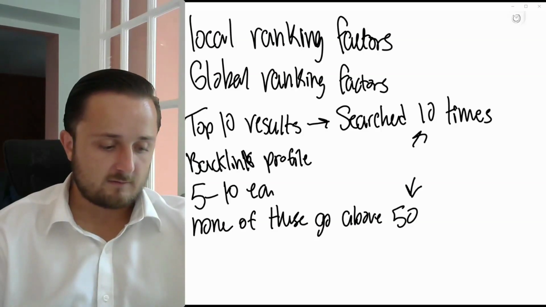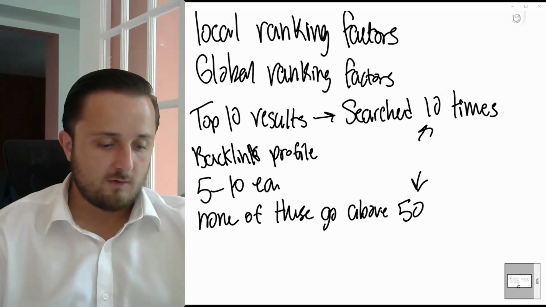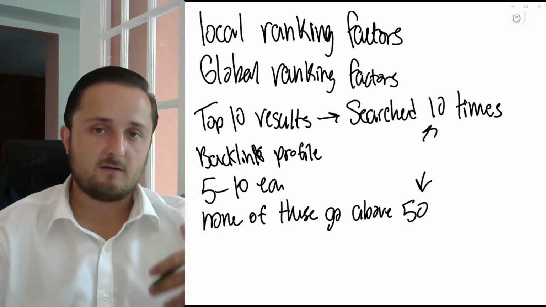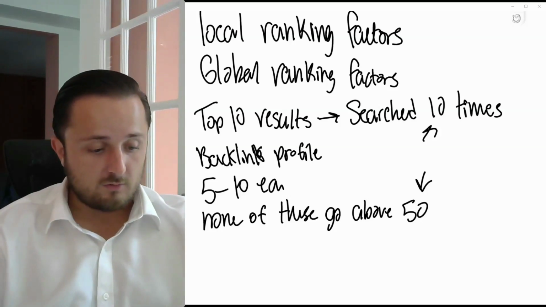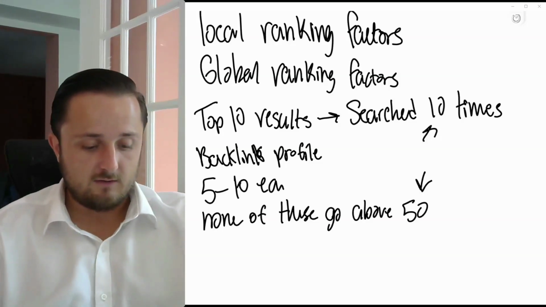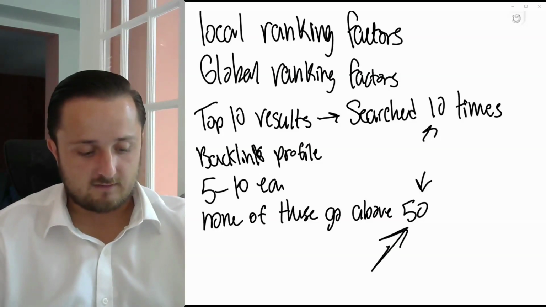So what do I mean by this? A lot of what will dictate where you will place is dependent on your competition. Like locally, to rank for this, it only requires 50 backlinks as an example, right?